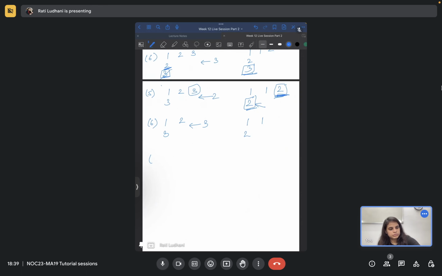No, so not the 6th step, this is the 4th step, this is the 3rd step. So we have 1 2, and now the next number is this, so 3 must be the number which we need to see. So ai is 3, and in the first row we'll look for a such that a is less than or equal to 3, which is 2, the highest number with such a property.